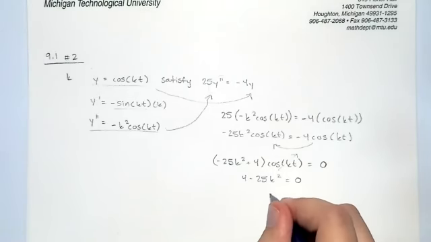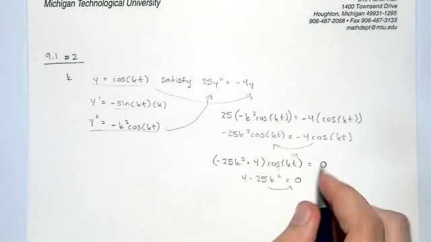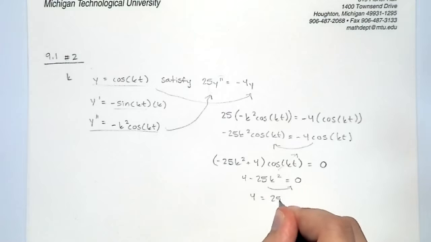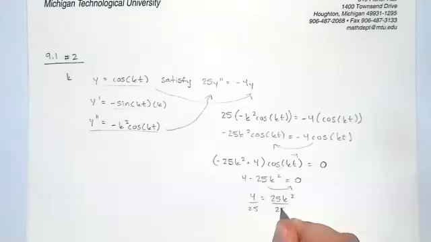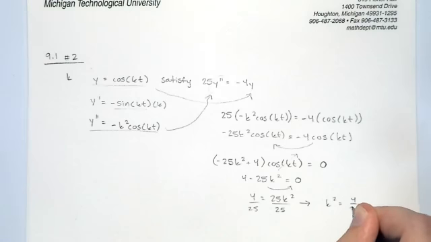So then we move this 25 over, and we have 4 is equal to 25k squared. Divide both sides by 25. And then we have k squared is equal to 4/25, and k is going to be equal to plus or minus 2/5. And that is for that one.